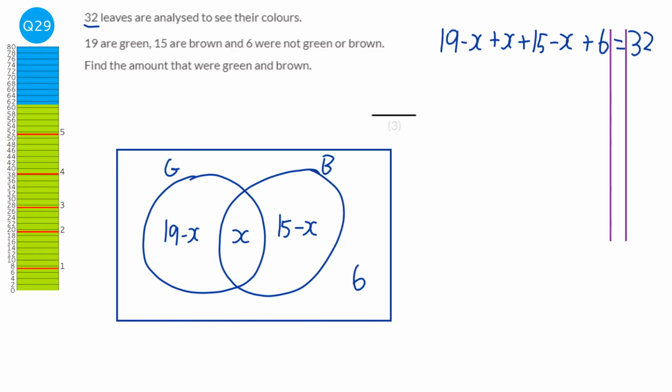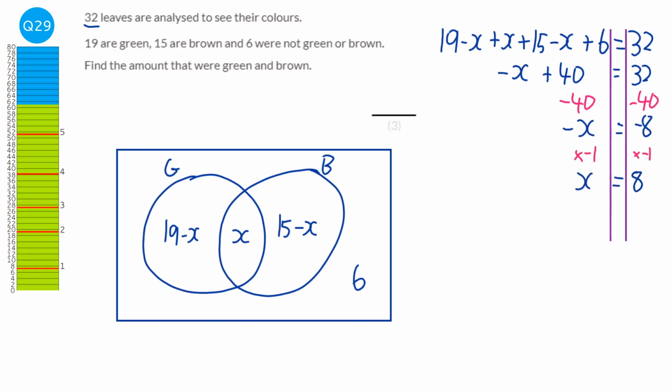So we've got minus x and minus x, that will be minus 2x. And we've got 19 plus 15 plus 6, which will be 40, equals 32. We're going to take away the 40 both sides. And we can just times by minus 1 both sides to make them both positive.